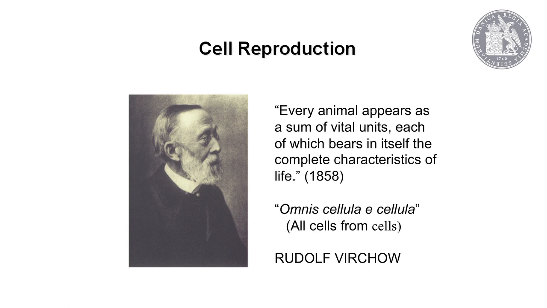What it means is that the cell is not only the basic structural unit of life, but it is also the physiological unit of life. It is the simplest entity that demonstrates life's properties.